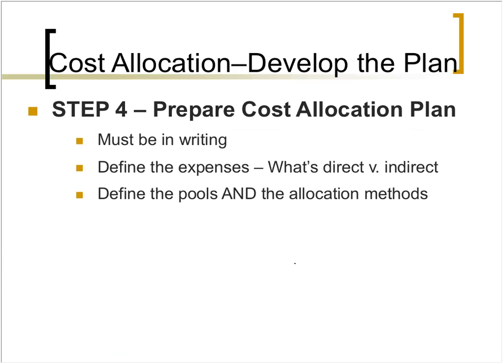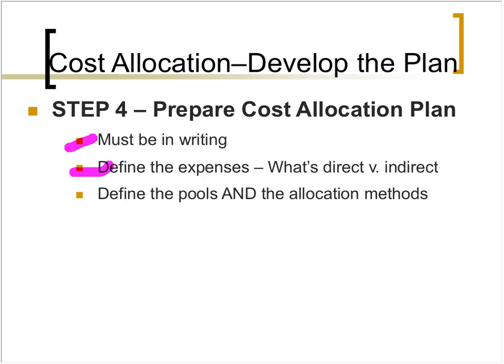Step 4 in the process is to prepare a cost allocation plan. A cost allocation plan basically documents or memorializes all the decisions that you've made thus far in putting this program together and how you've determined to do it. This also needs to be in writing. It needs to define expenses, and typically what you see is a reference between the cost allocation plan and your general ledger and describing what goes in each.